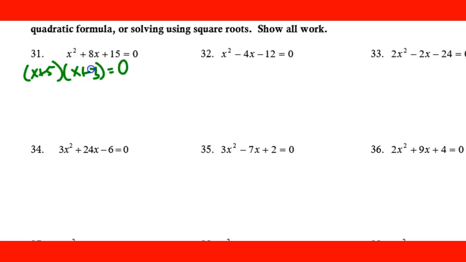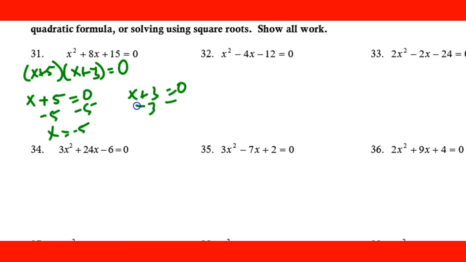Now I set both of those factors equal to 0. Minus 5 on both sides, so you get x equals negative 5. Now x plus 3 equals 0, that's the other factor. We subtract 3 on both sides, so x equals negative 3. There you go.